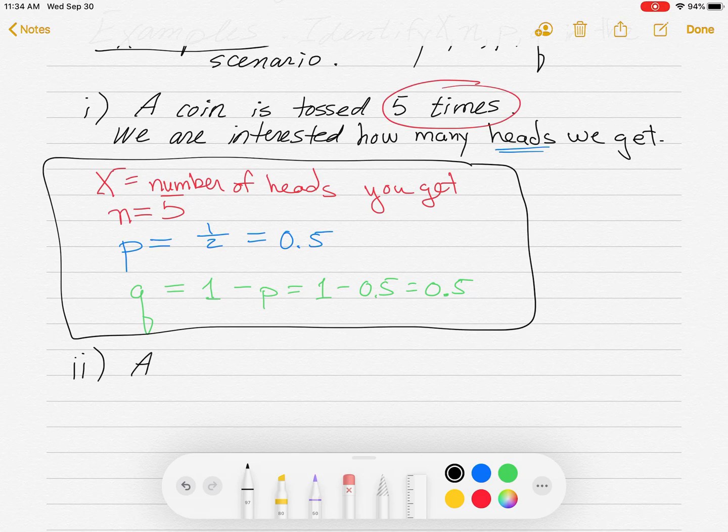All right, number 2. Let's talk about another scenario. Let's do a 6-sided die. A 6-sided die is tossed 3 times.